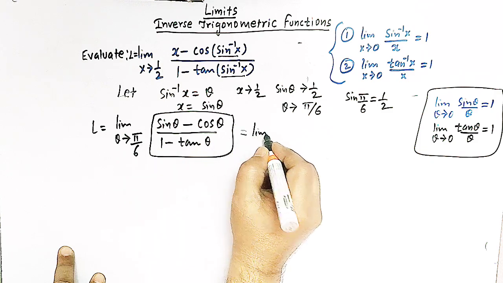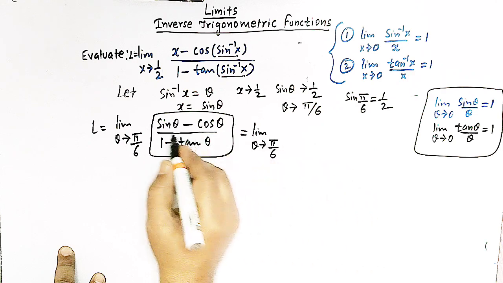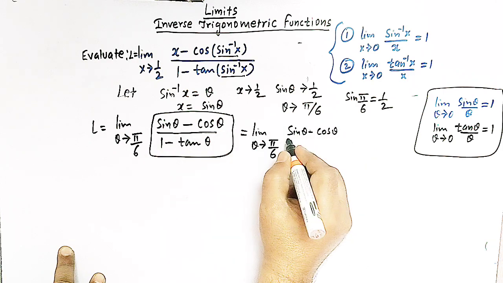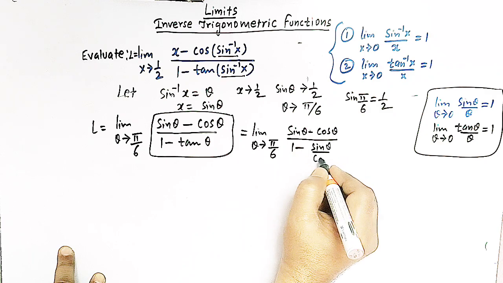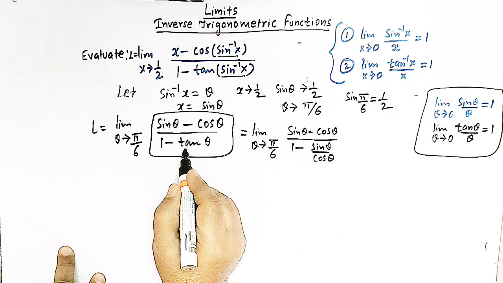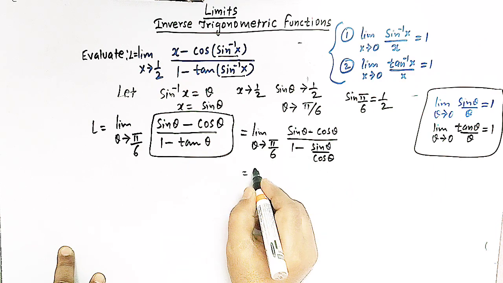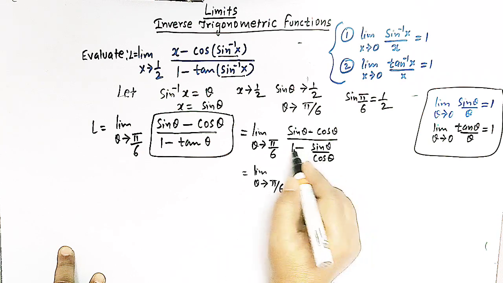So we have limit theta tends to pi over 6, and here we have sine theta minus cos theta, and here 1 minus sine theta over cos theta. So we can write for tan theta sine theta over cosine theta. So now we have limit theta tends to pi by 6. Let us solve it.